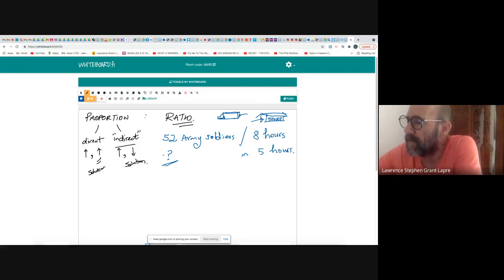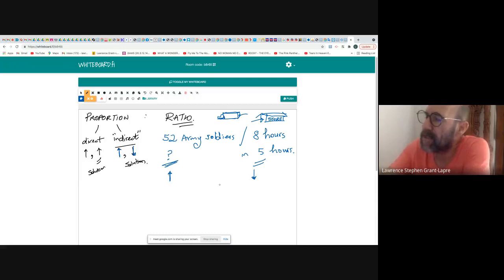Just because we want to do it in less time does not mean we will have fewer soldiers. That is what would happen in a direct proportion. But in this particular story, we want to reduce the time, so therefore we've got to increase the number of soldiers. So that's an indirect proportion. As one increases, the other decreases, or as one decreases, the other increases.